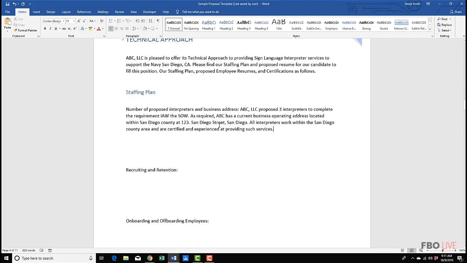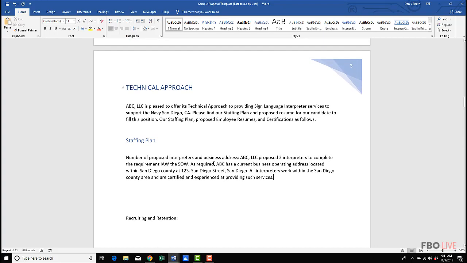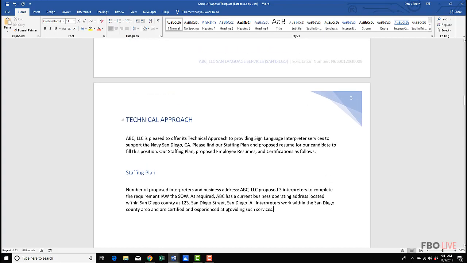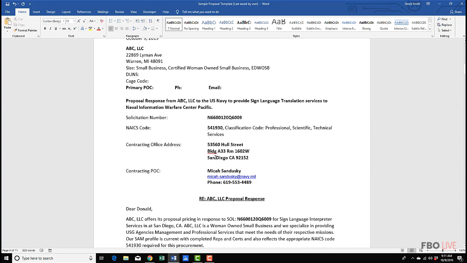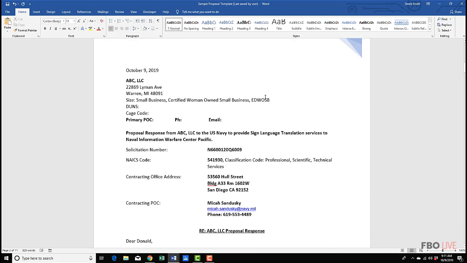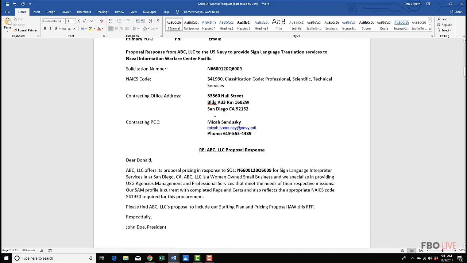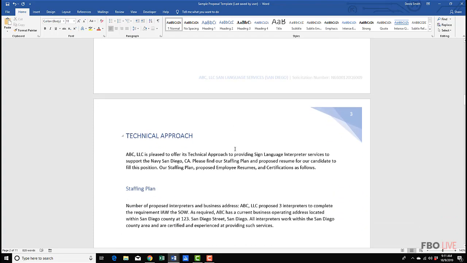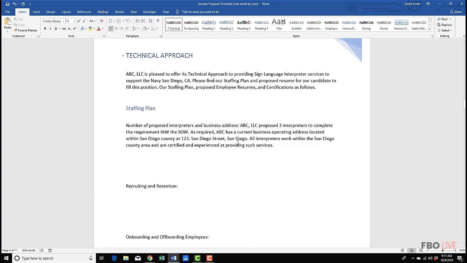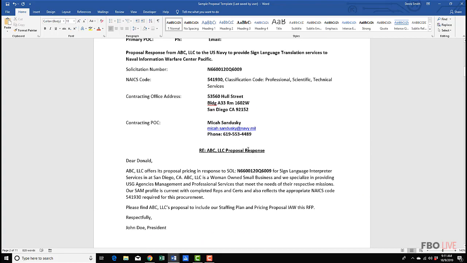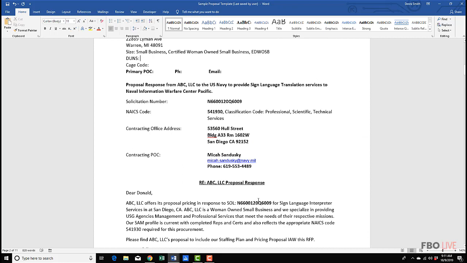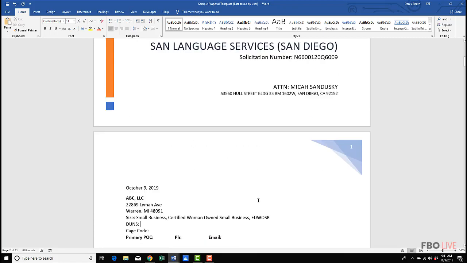You may even, if you have multiple business locations, even in your company information up here, I would definitely put your San Diego location. Again, any other spot to put that. As you can see, I'm not shy at duplicating information. I put the solicitation number in here a number of times, the NAICS code a number of times.